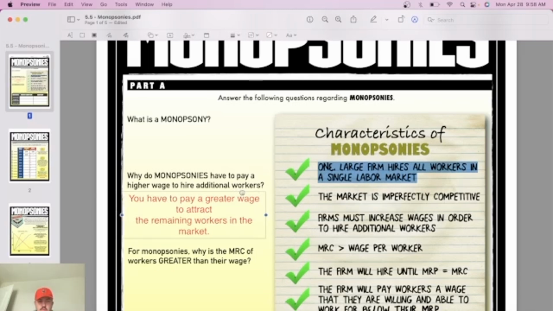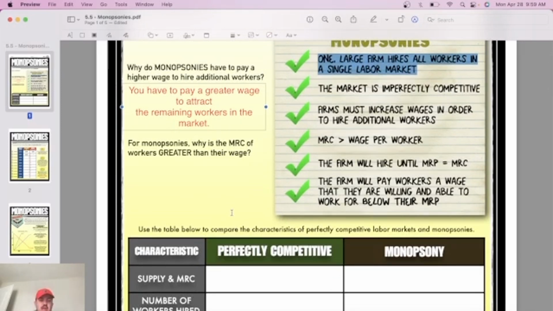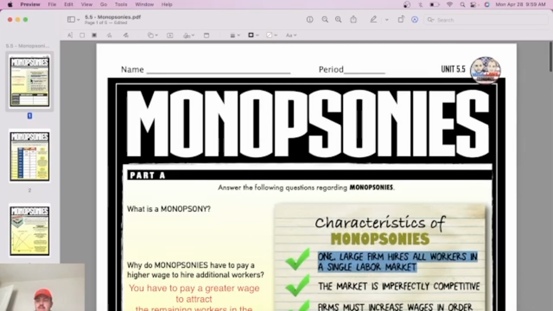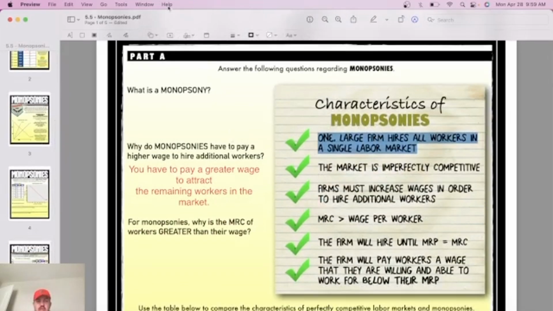Okay, very nice. All right, why is the MRC of workers greater than their wage? Going back to this little chart that we were kind of looking at when we got to the worksheet, or when we got to the slides. When hiring new workers at higher wages, the firm must give its current workforce a raise to match the wage of the new worker. You have to give them the wage to match.